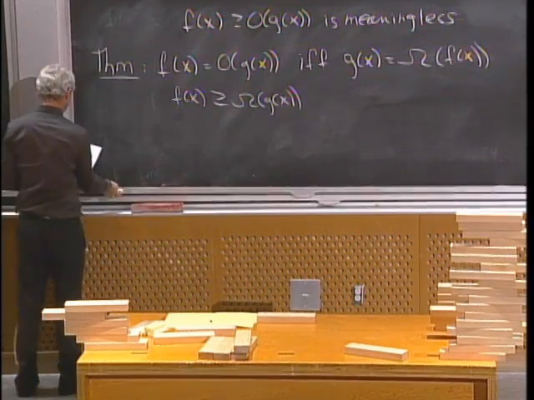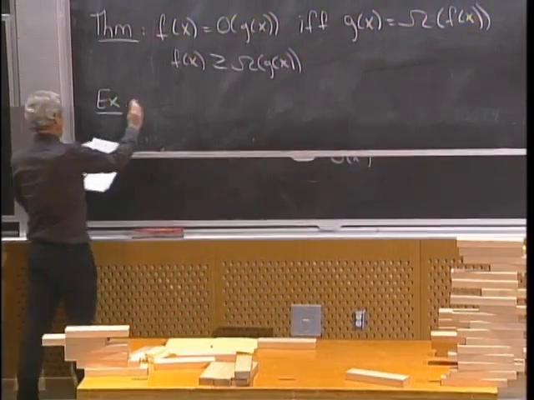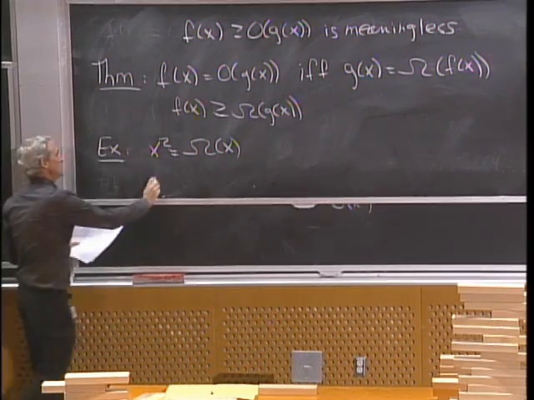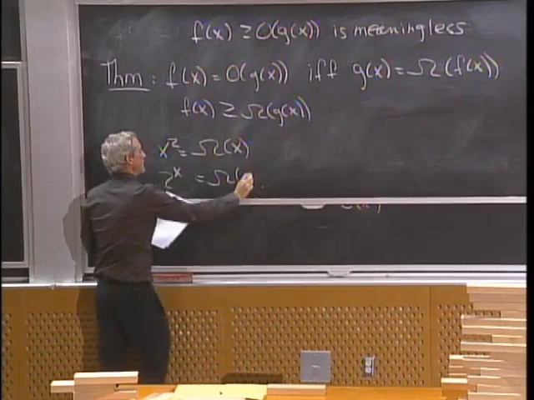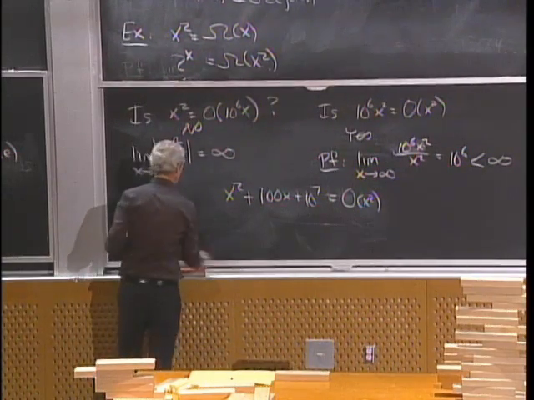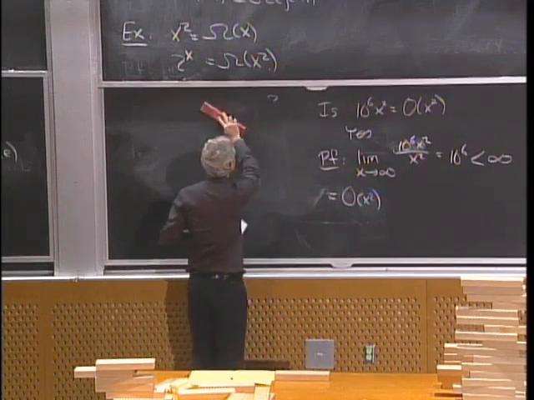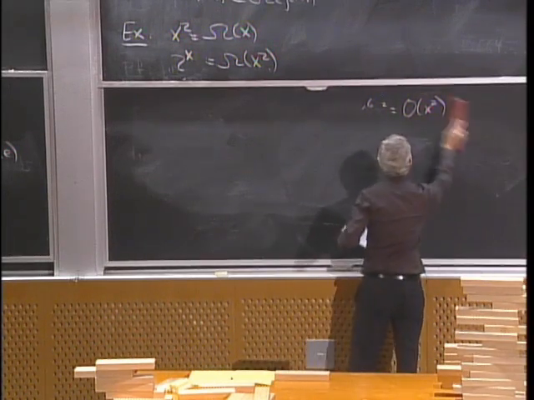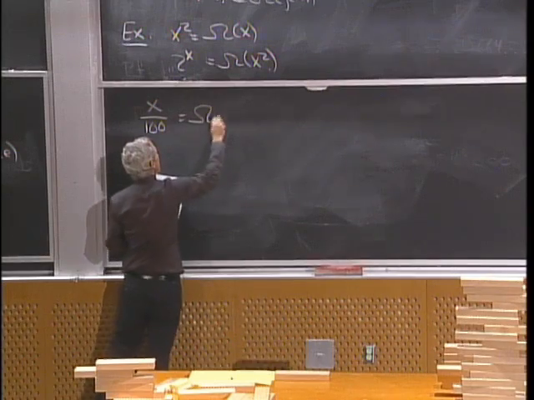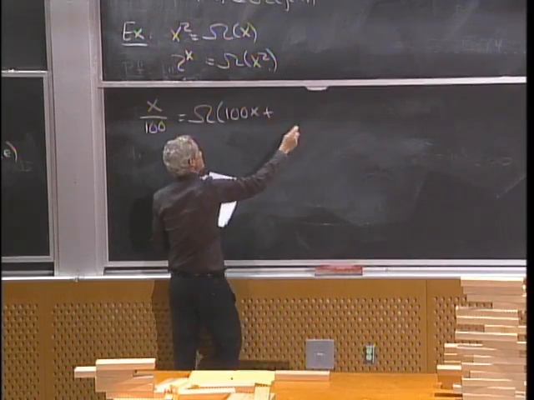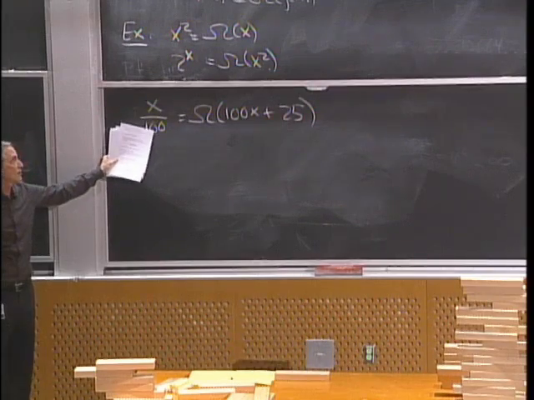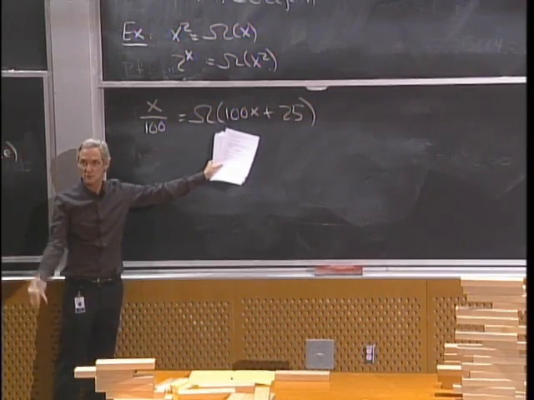All right, let's do some examples. x squared is omega of x, because it grows faster than x. 2 to the x is omega of x squared. x over 100 is omega of 100x plus 25, because constants don't matter. x over 100 grows at least as fast as 100x does, because we're measuring the growth.